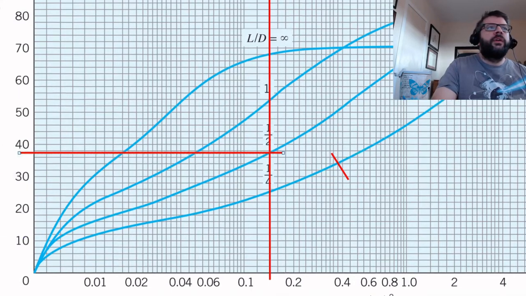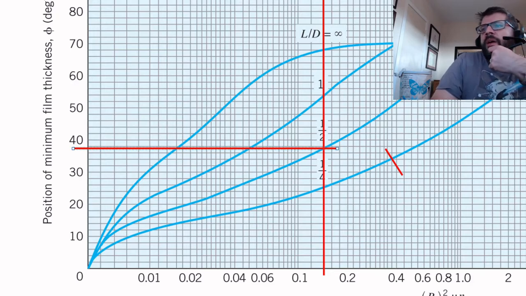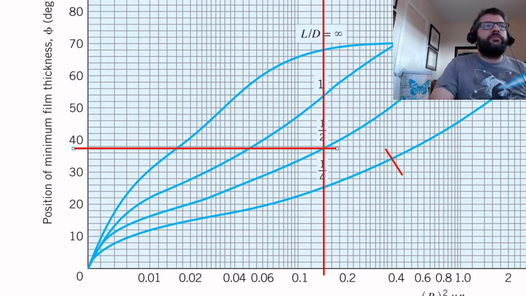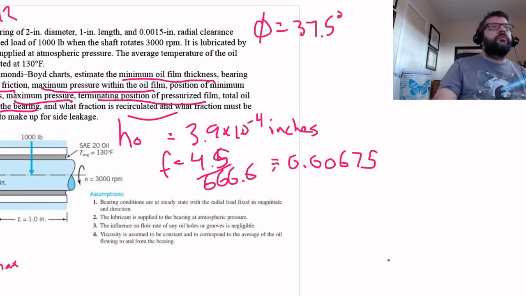So scrolling over here, that to me looks like we are at probably about 37.5. So 37.5 degrees is what it is. That's the phi value, what they're using to denote that. So phi is equal to 37.5 degrees.